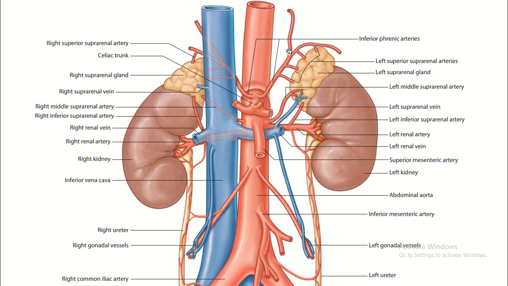You remember, right? And we said that with the left inferior phrenic artery. So this is the inferior phrenic artery, right? It's going to supply part of your diaphragm as well as give a branch to your abdominal esophagus, and then it's going to give what we call a superior suprarenal artery.